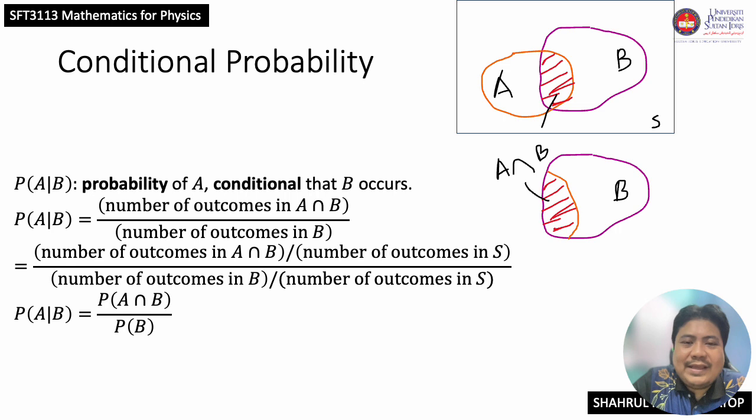You have B, and A occurring with the condition of B is represented by the intersection of A and B, this area. This area is the event occurring within the event B. So that is the interpretation of conditional probability.